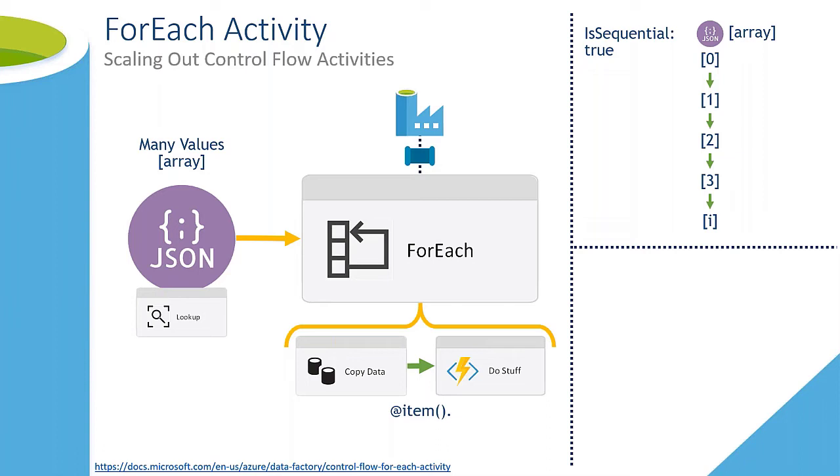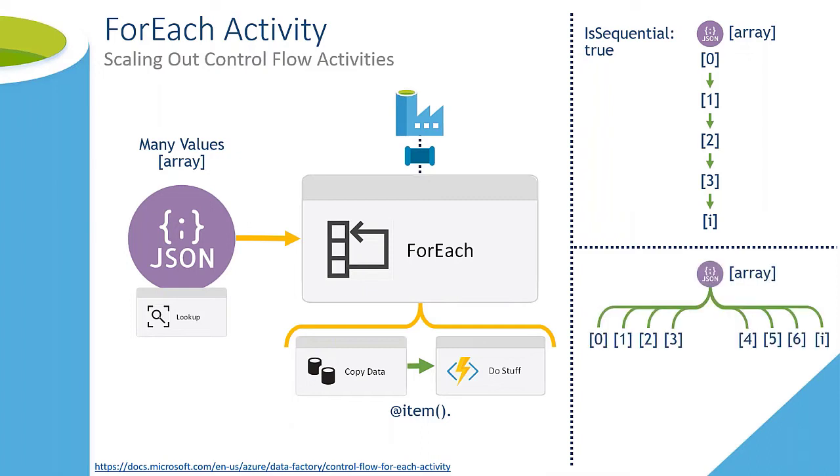But when I say the ForEach activity in Data Factory is special, the reason for that is that the default behavior is actually to take in that array, and it will scale out and it will spawn parallel threads for every single one of those iterations that it needs.